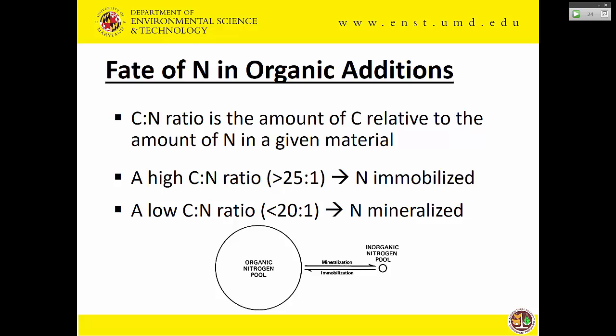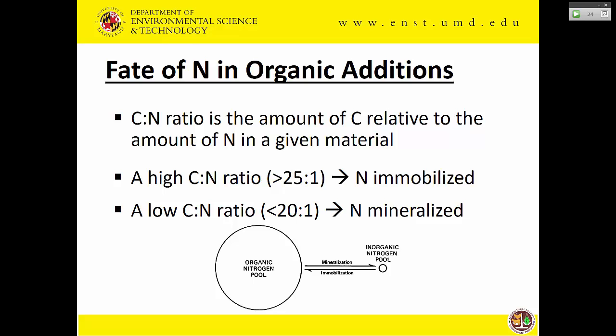When we add organic materials, there's one index that you can use to measure what's going to happen to that nitrogen, which is the carbon to nitrogen ratio, the C to N ratio, which means the relative amount of carbon to nitrogen.